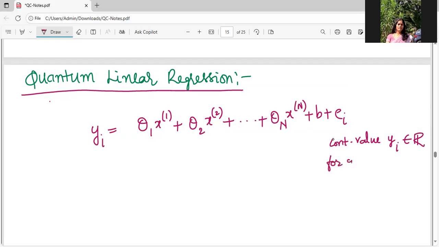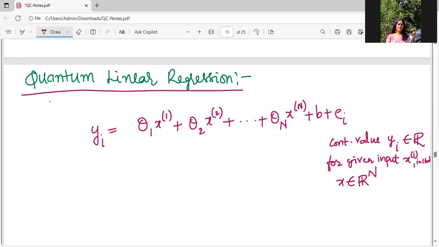For given input xi, I am writing it in superfix, i ranging from 1 to capital N, where this x, which has all the n values, would be an input vector, and x belongs to the Rn space. Okay, there we are talking about things in real line.